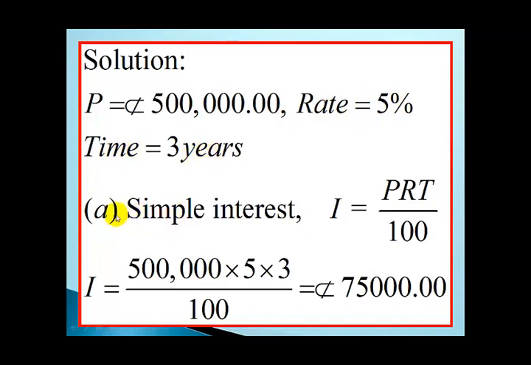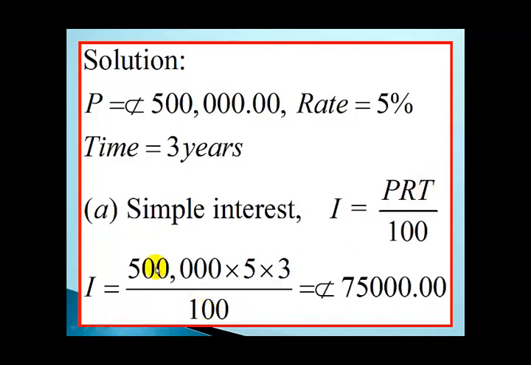So A, simple interest I is equal to PRT divided by 100, where P is the principal, R is the rate, and T is the time, divided by 100. So I is equal to 500,000 times 5 times 3 divided by 100, where 500,000 is the principal P, 5 is the interest rate R, and 3 is the time period, that is T, divided by 100.